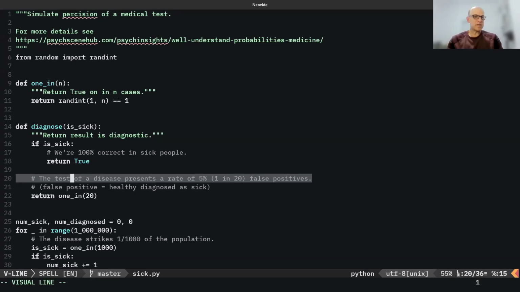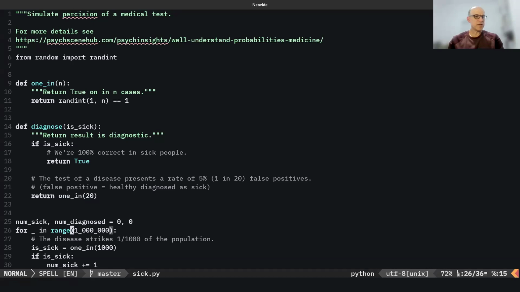If the disease is rated, we say we have a 5% false positive. So in 1 in 20 cases, this test is also going to say true. If the person is sick, the test is going to say for sure you're sick. If you're healthy, there's a 1 in 20 chance that the test will still say that you're sick, even though you're healthy.